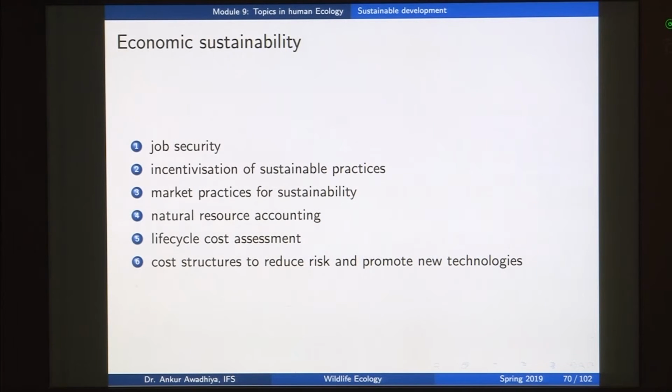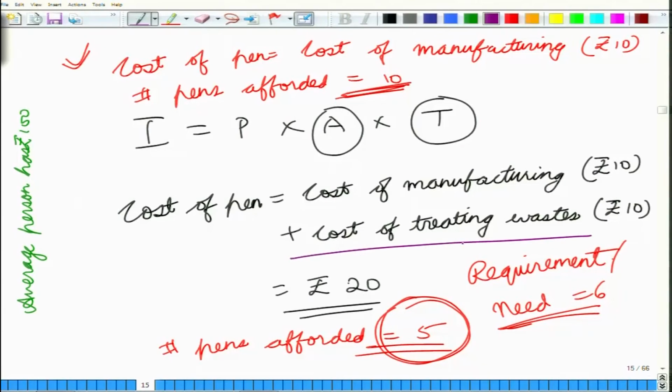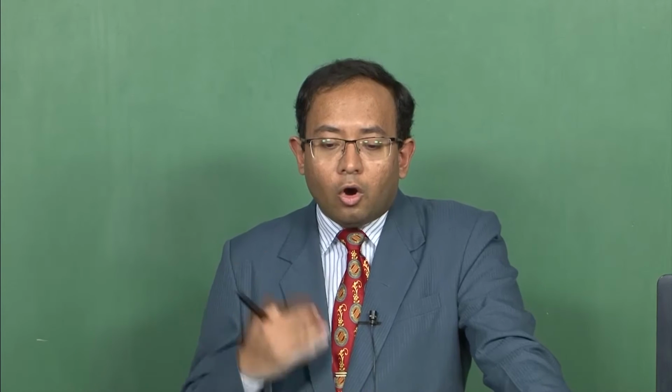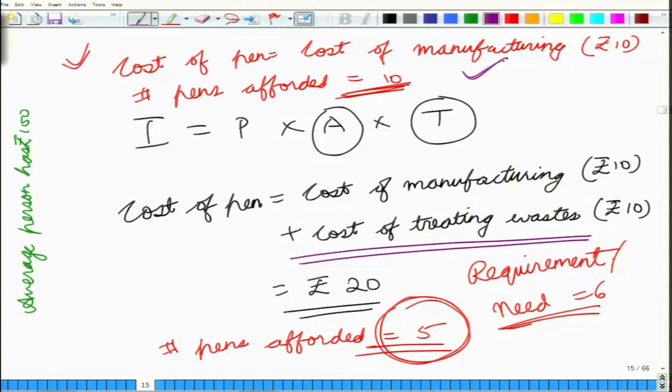Other things are things like incentivization of sustainable practices. So, for instance, we talked about the situation of making a pen, and if there is a company that is treating the waste, is there a mechanism in which we can incentivize this company, or is there a mechanism in which we can penalize this company that was releasing all its waste out into the environment?